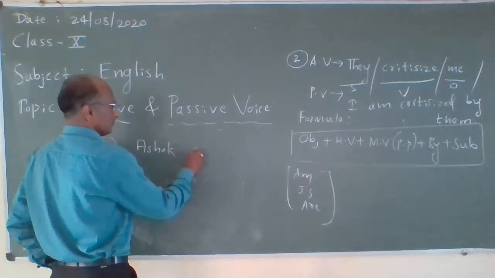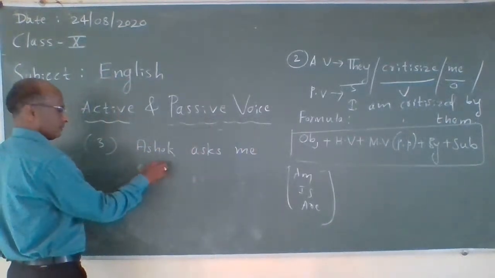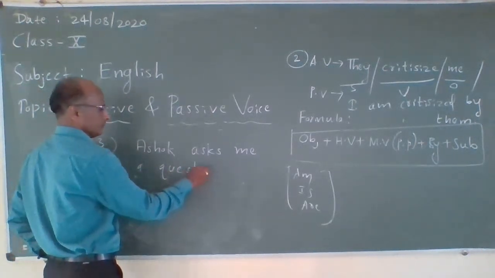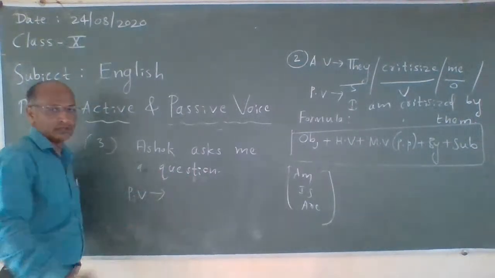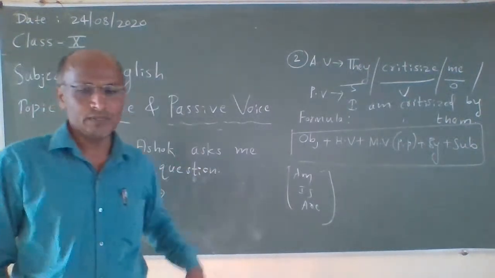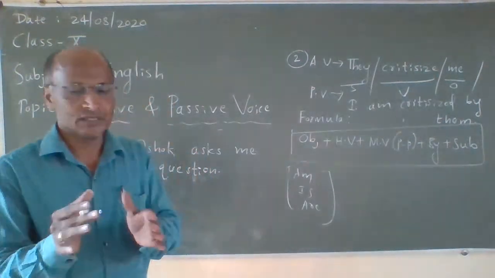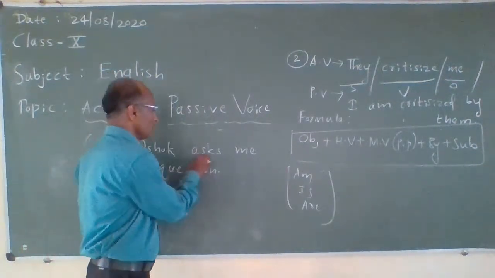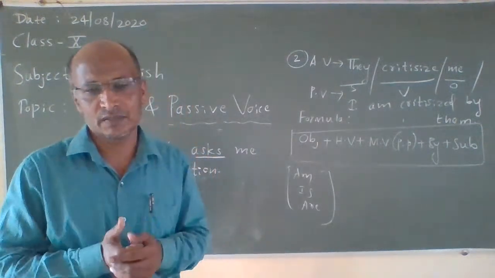Ashok asks me a question. Right. Ashok asks me a question. This is active voice. Can you guess the name of this tense? Here, the word ask is in present tense.